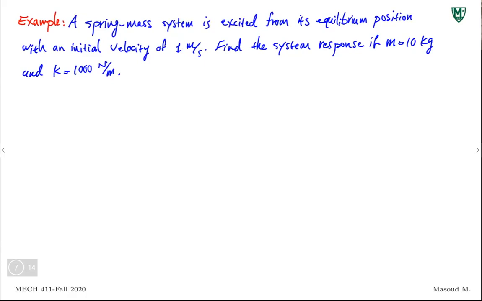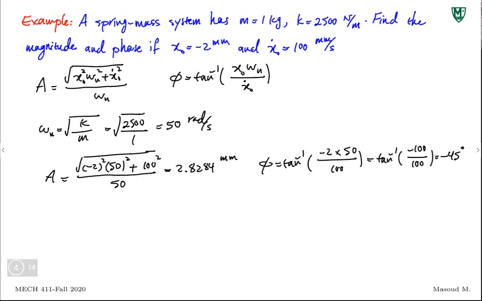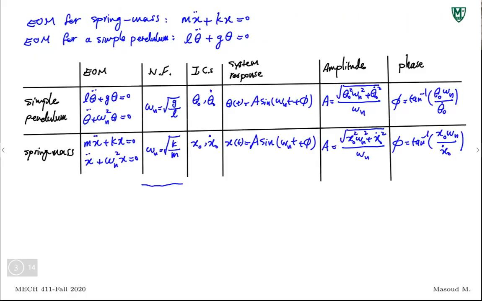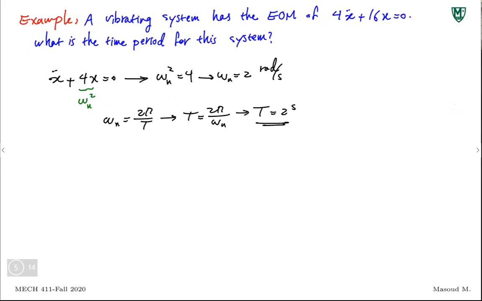Pretty straightforward. If you go back to the table there, when I was talking about system response for a spring mass system, it's A sine omega n t plus phi. To find this, we have to find A, omega n, and phi, and plug them back into the general form of the system response. So that's what I'm going to do here.